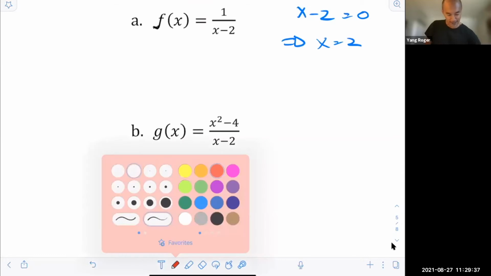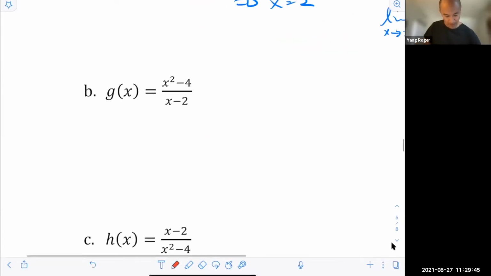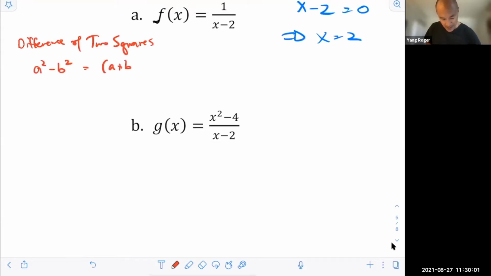So I'm taking the opportunity to review some algebra with you guys. If you have a difference of 2 squares, this is going to be a squared minus b squared. That's equal to a plus b times a minus b.